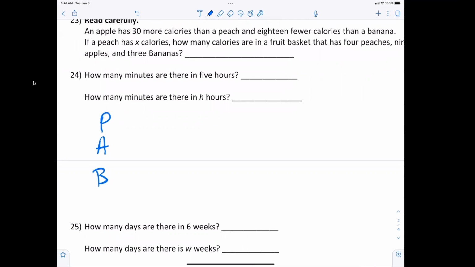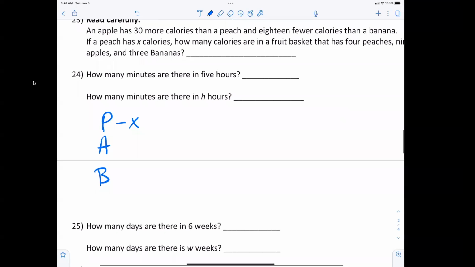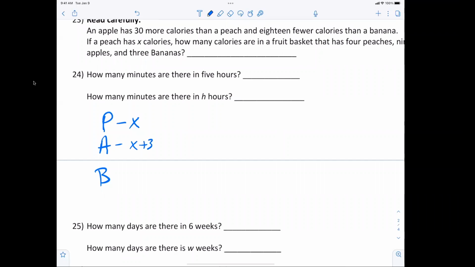So X is the peach, and the apple is X plus 30, right? And then the banana is X minus 18. I mean, wait, I got it wrong, sorry.